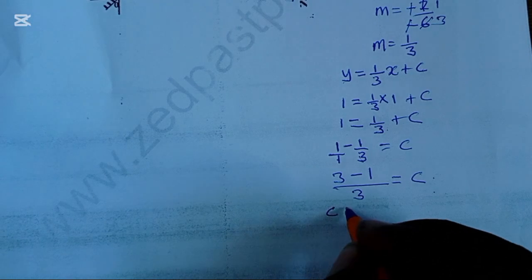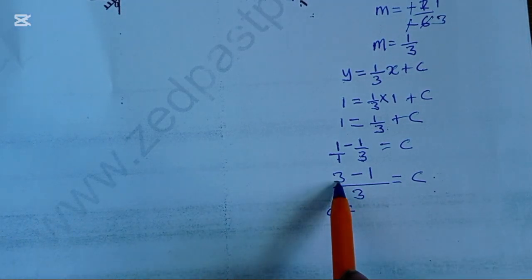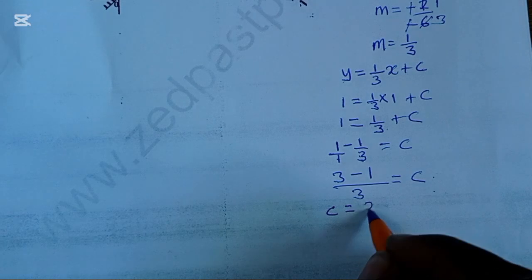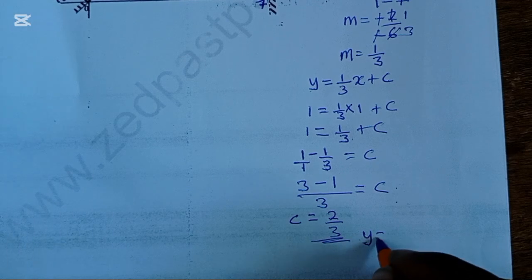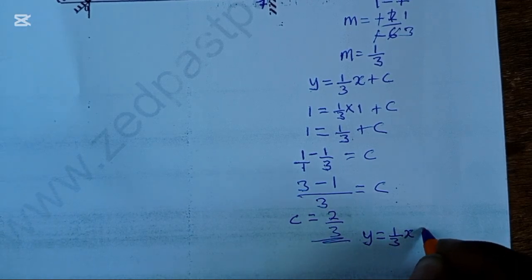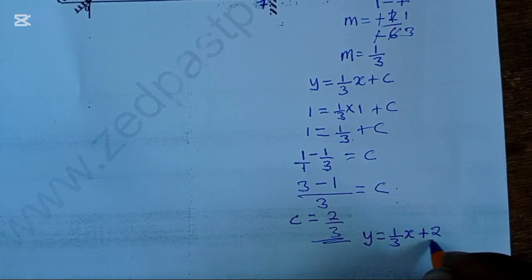So c is equal to 3 minus 1, that is 2 over 3. So 2 over 3 is the value for c. So the equation now, y is equal to 1 over 3 x plus 2 over 3.